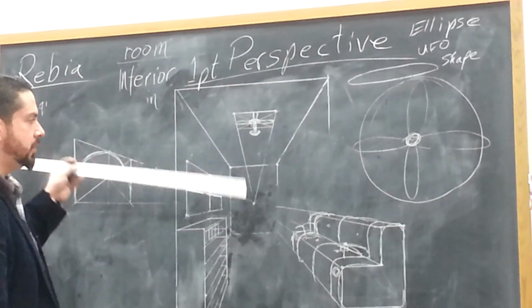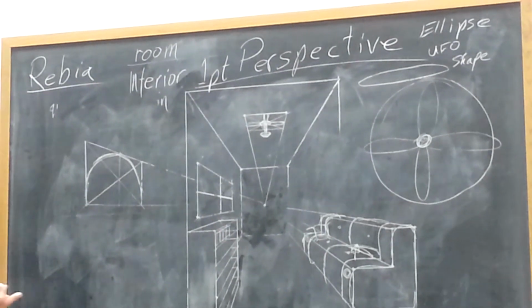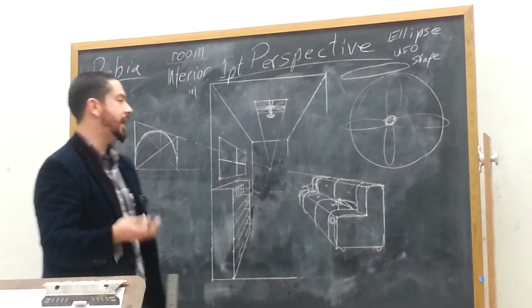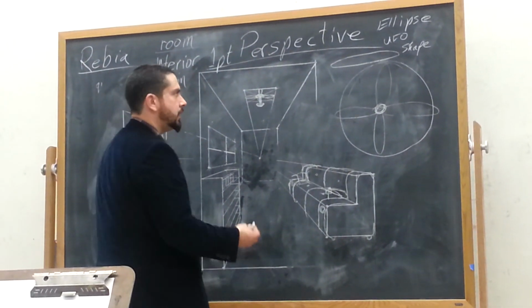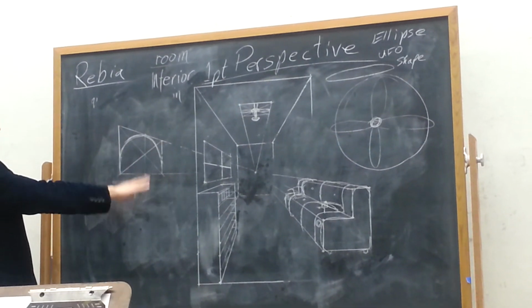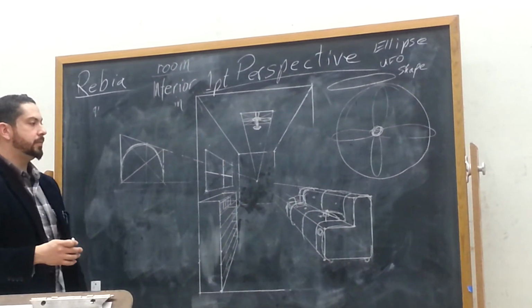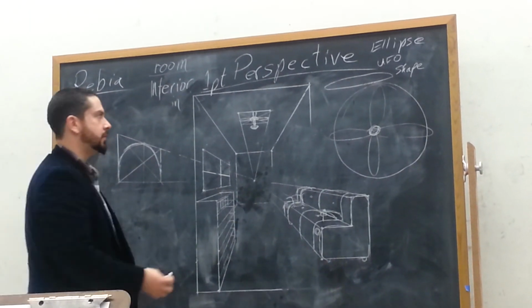But it's all using perspective, okay? What about a lamp, okay? Same thing. Now, you can save yourself a lot of trouble constructing that and possibly just freehand an ellipse, okay?